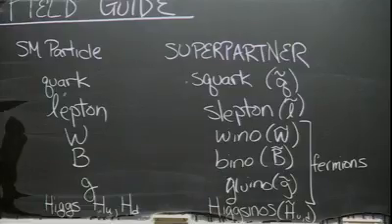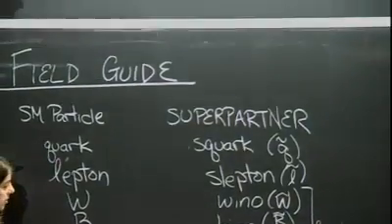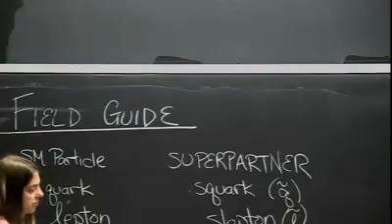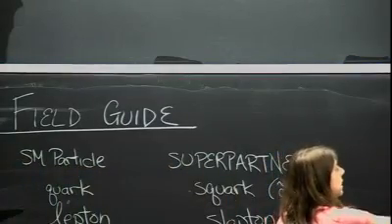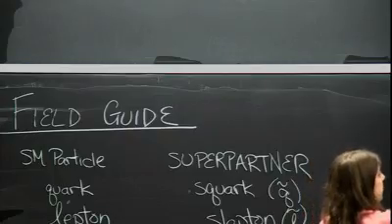One option is to do huge parameter scans: get a big computer, churn through all possible combinations of the parameters, see what's ruled out, see what's ruled in. Another option, and this is what I'm going to do here, because it helps in gaining intuition for what's going on, is to work with what are called simplified models.